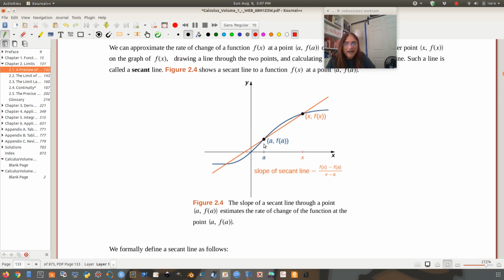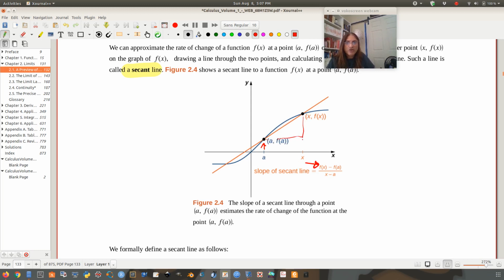So if you know the value of the function at a, f(a), and if you take another point, x, so we have a value of the function x and f(x). So we can draw a straight line through these 2 points. It's called the secant line. And we can find the slope of this line, right? Very easy. Change in the height, which is f(x) minus f(a), so delta y, over delta x, x minus a.